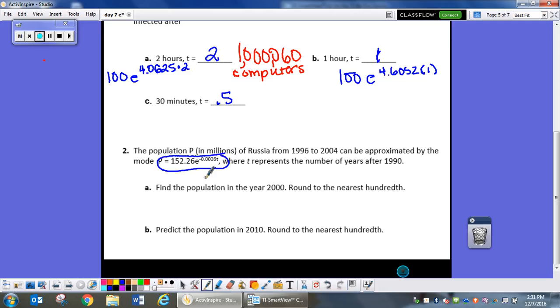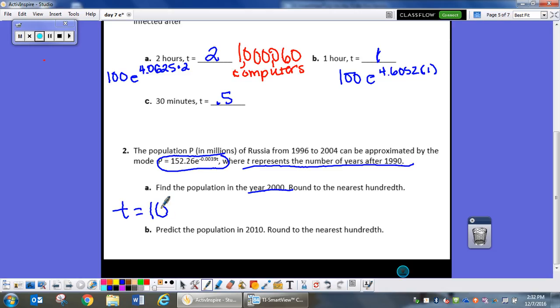Okay, so here is your equation. Please pay attention to that negative there. And P is population in millions, so in people. And T represents the number of years after 1990. So if you're finding the population in year 2000, what is T? Well, gee, 2000 is 10 years after 1990.